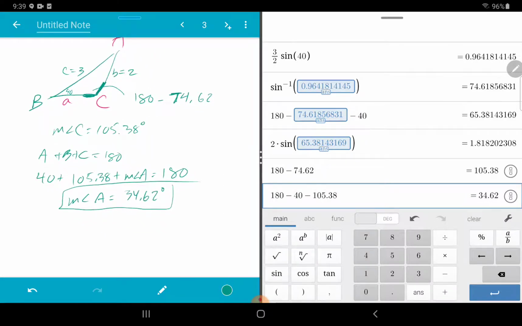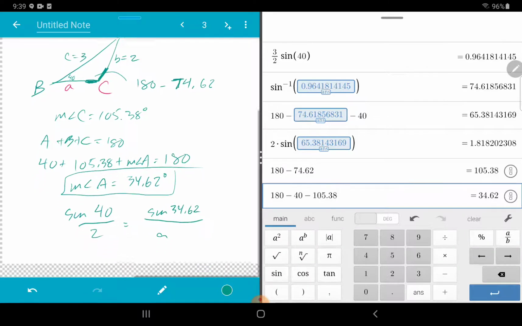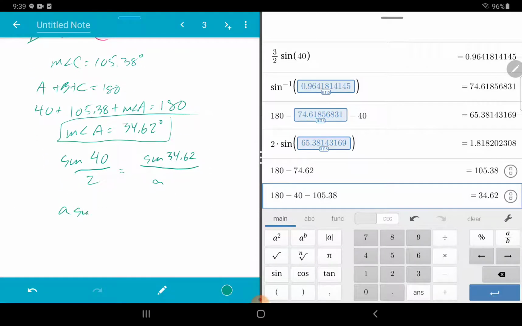Okay, and then we only need one more thing to solve for, side A. So sine of 40 over 2 is equal to sine of 34.62 over A. A sine 40 equals 2 sine 34.62. I apologize, I'm writing a little bit quickly. I'm forgetting all my degree symbols, aren't I?